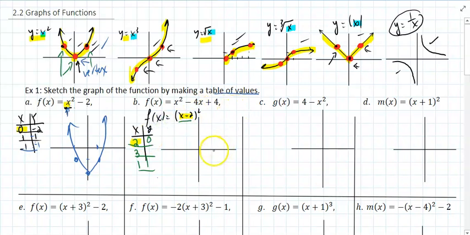That's a 0. 2, 0. If you throw a 3 in there, 3 minus 2 is 1 squared. That's a 1. And if you throw a 1 in there, 1 minus 2 is negative 1 squared, that's a 1. Again, the 3 points. Connect those with a smooth curve. And that's pretty much all there is to it.